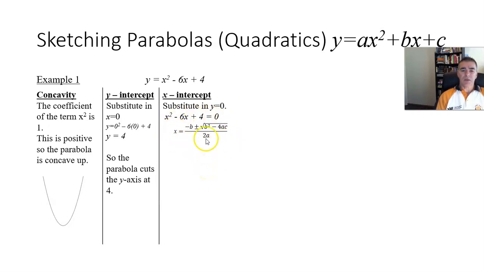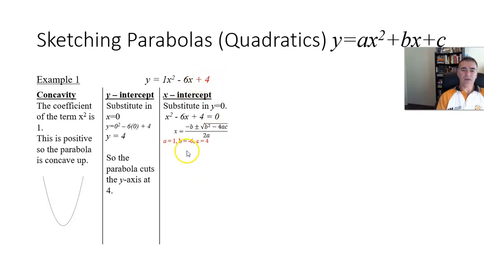So what we need to do is know our a, b and c values coming up from here. Our a value is 1, that's our coefficient of the x squared. Our b value is negative 6, and our c value is positive 4.